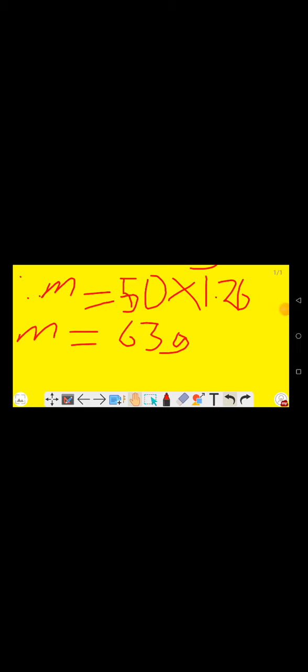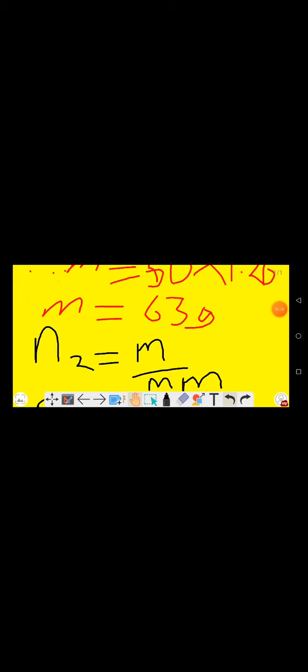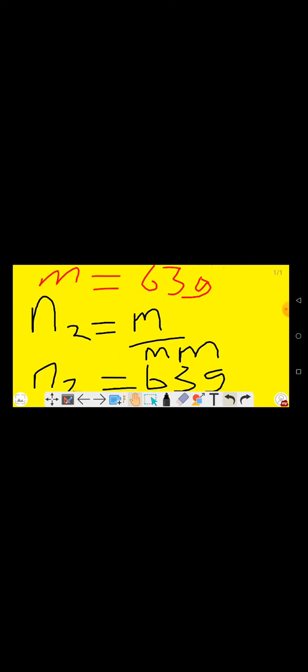So now we go to calculating the number of moles of glycerine. We know the formula for calculating the number of moles: number of moles is equal to mass over molar mass. What is the mass of glycerine?